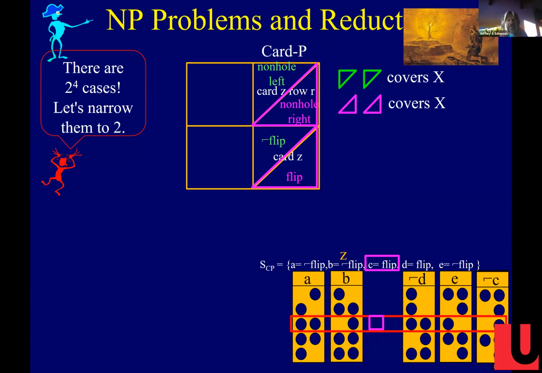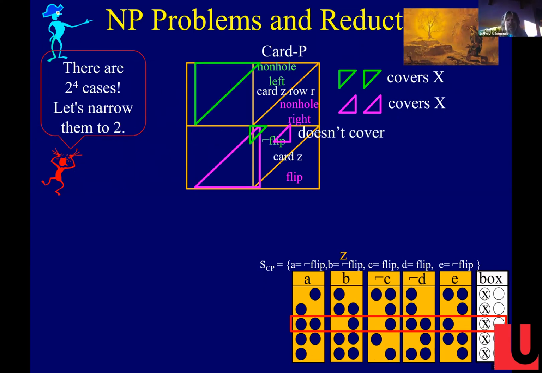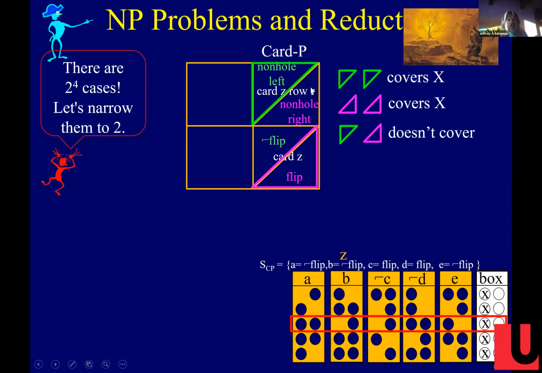So in this case, when we're bottom, it covers the X, right? Now, what about these other weird cases? Well, if you do that case, it doesn't cover. See, it doesn't cover. In that case, it doesn't cover. Right? Does that make sense?